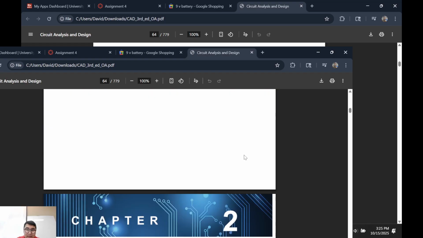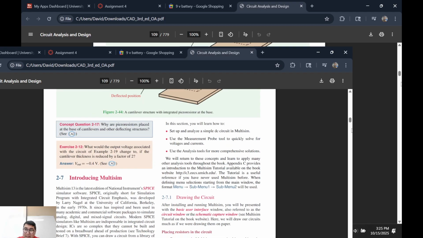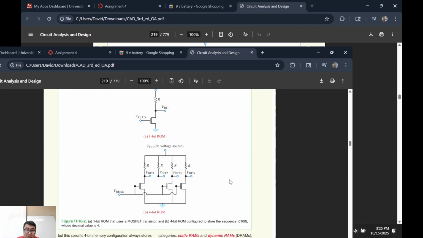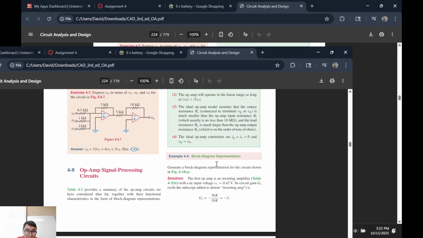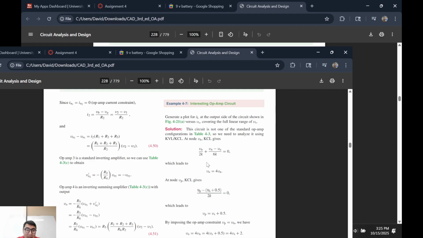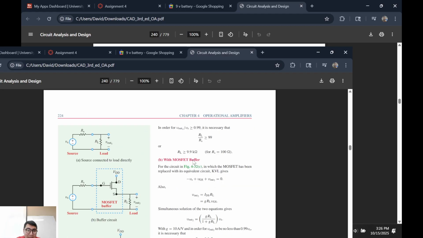Oh, man. We're all the way back. Hello, computer. Come on. 4.1a. Is this the homework? Oh, that's the homework. Man, why did I pick so many big books?